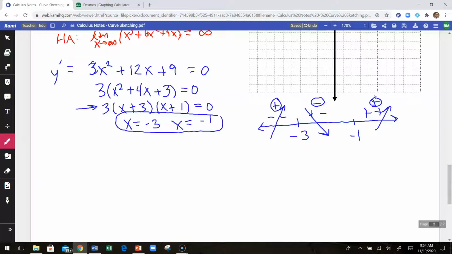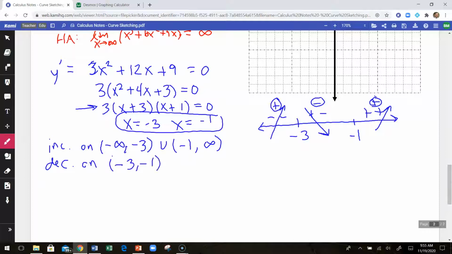So what I'm going to write from that is that the graph is increasing on the interval from -infinity to -3, and also -1 to infinity. It's decreasing on the interval from -3 to -1.